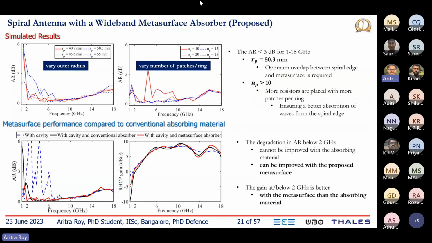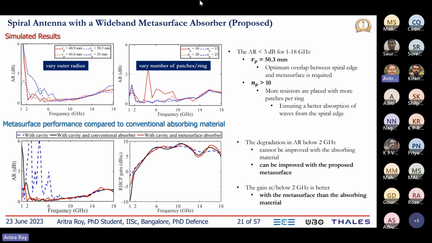Now comes the most important observation about the proposed geometry. For a fair comparison with a conventional absorbing material, we compared the performance of our proposed system with the system of a spiral antenna with an absorbing material. What we can see, the red curve in axial ratio, which is the metasurface absorber, below 2 gigahertz, our system gives an axial ratio which is less than 3 dB.